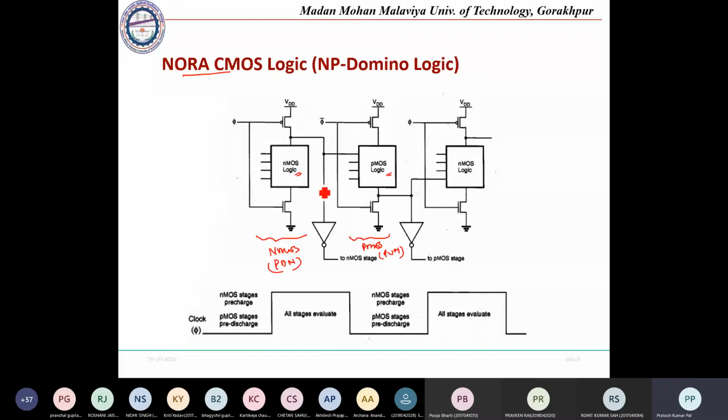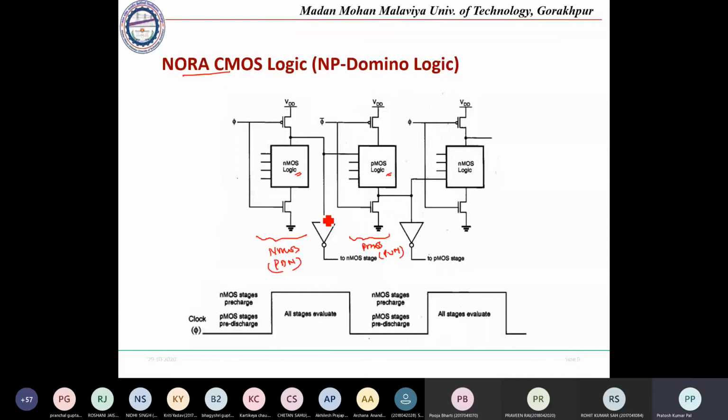So the only difference is, suppose we are going to use this structure, these inverters are not required in this case. But suppose you want to cascade one NMOS logic stage to another NMOS logic stage, then we will be using an inverter to again connect an NMOS logic.